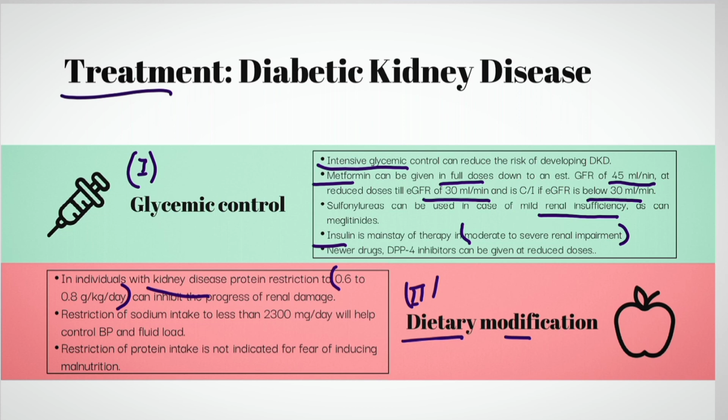The restriction of sodium intake can also reduce the risk of diabetic kidney disease, and sodium intake is required to be less than 2300 milligram per day, which will help control BP as well as fluid load. However, the restriction of protein intake is not indicated for fear of inducing malnutrition.